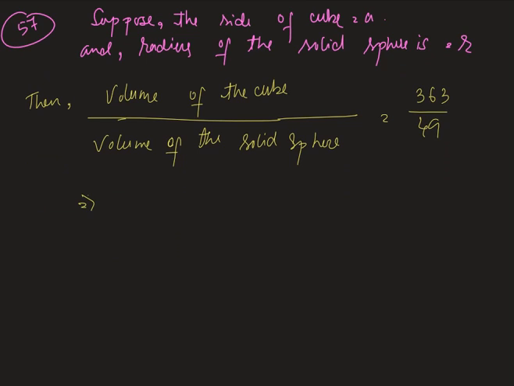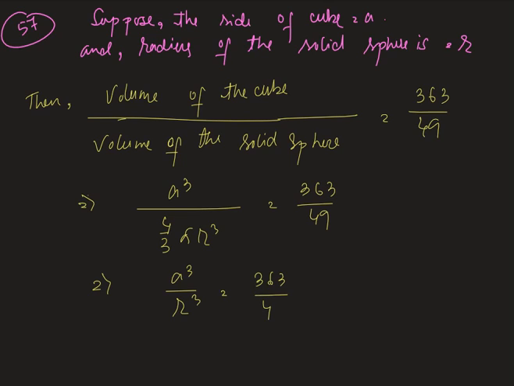Now we know that the volume of a cube is a cube and the volume of the solid sphere is 4/3 pi r cube, and this is equal to 363 divided by 49. Okay, now from this we get a cube divided by r cube as 363 divided by 49 into 22 by 7 into 4 by 3.